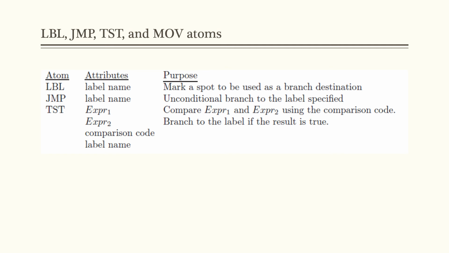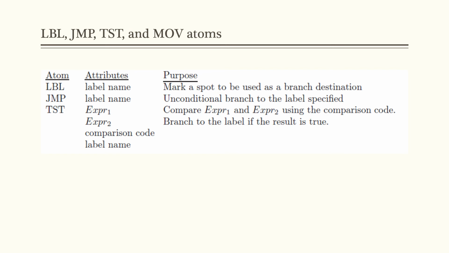These are the atoms that we normally use. LBL is a label name. The purpose here is to mark a spot to be used as a branch destination. So LBL is used to mark what will be the destination for that particular code. Normally we label it L1, L2, L3 as just a labeling.